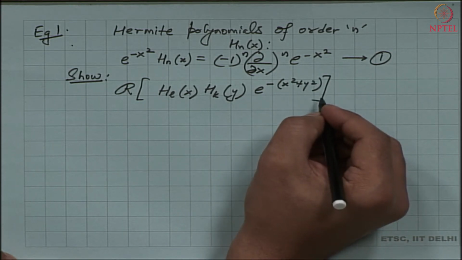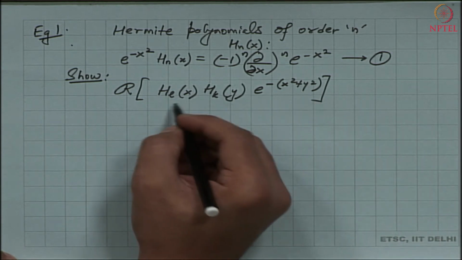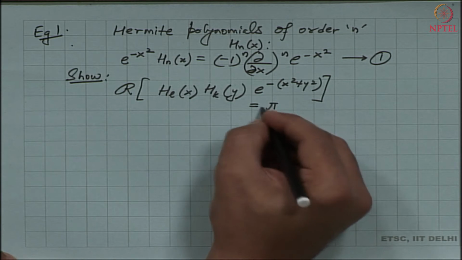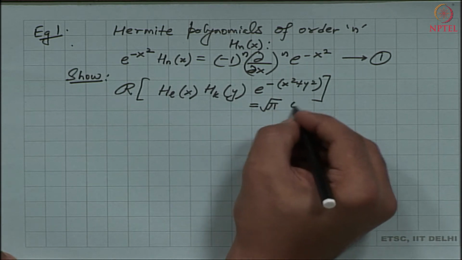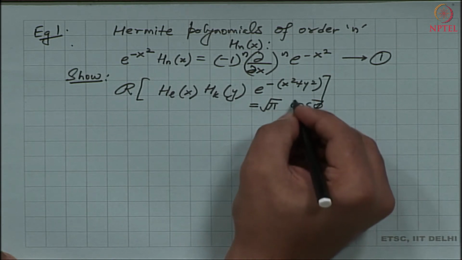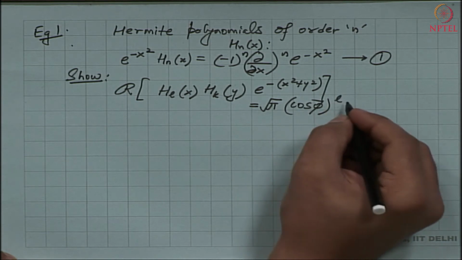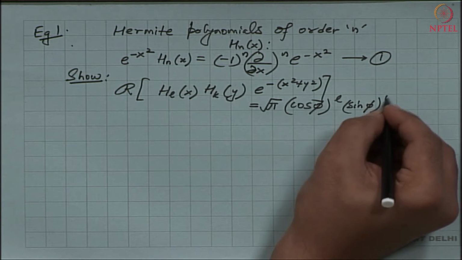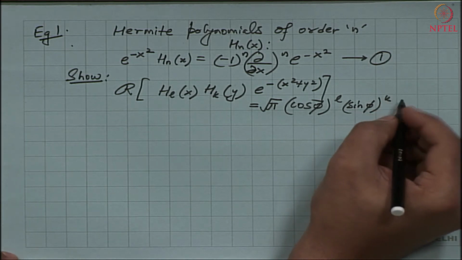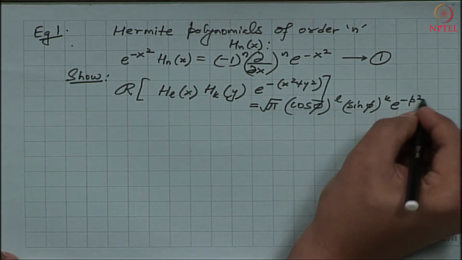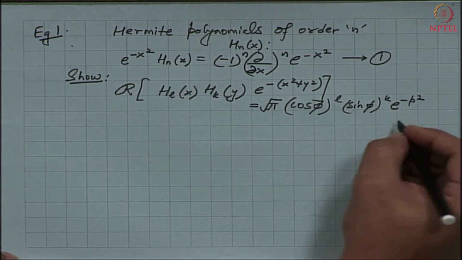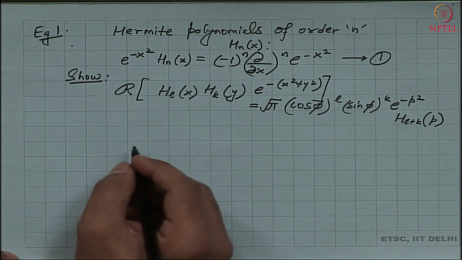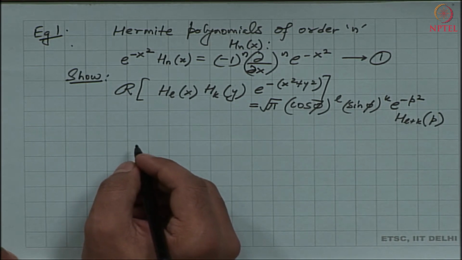And I have to show that this is also equal to square root of pi times the corresponding direction cosines, cos phi to the power L times sin phi to the power k, times e to the power negative p square times the Hermite polynomial of order L plus k of p.